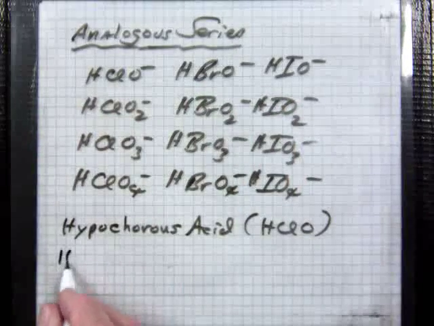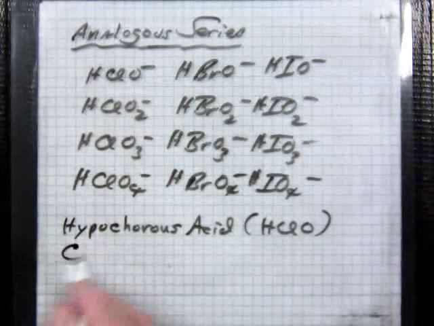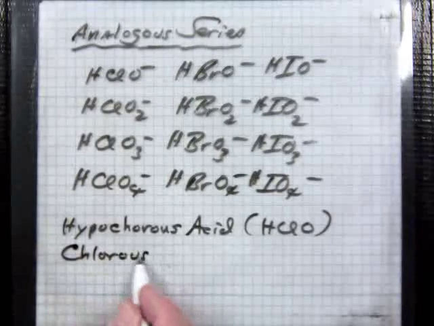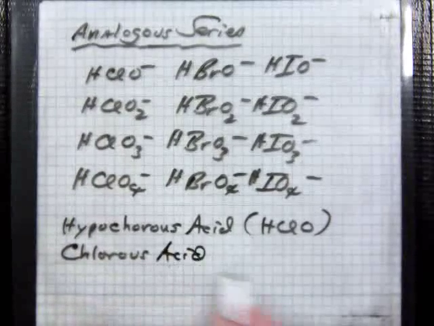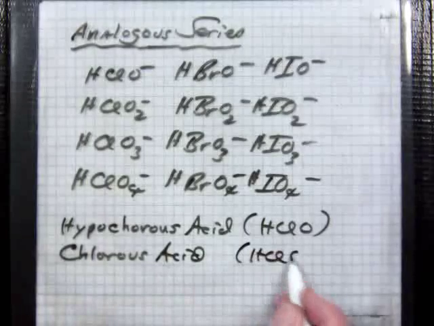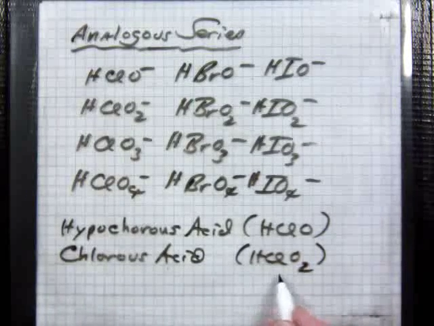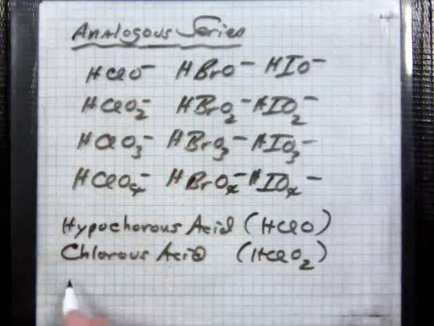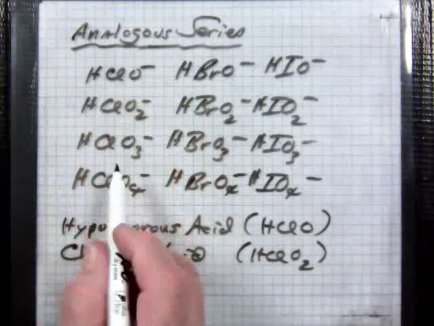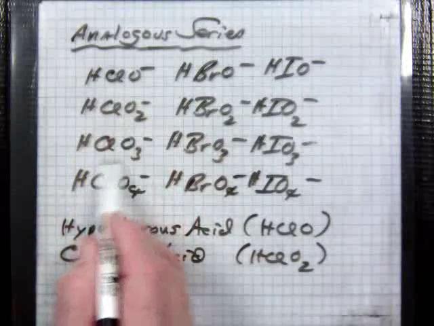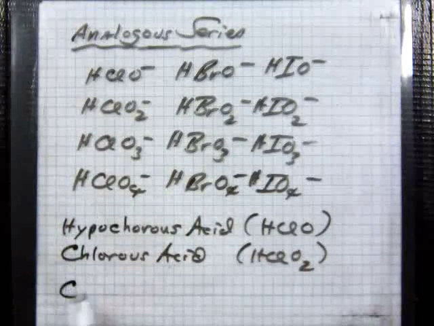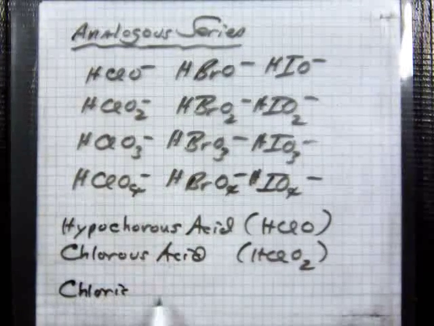And then you have chlorous acid, and it takes the polyion with the ClO2 this time, right here. And then when you get to the chlorate, ClO3 is a chlorate, it comes chloric acid.